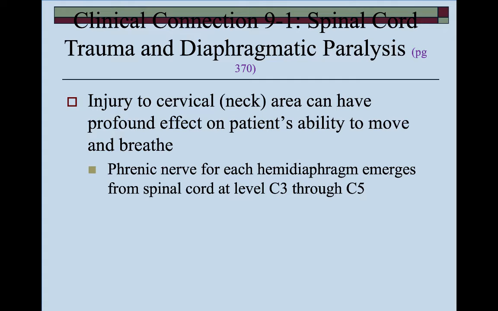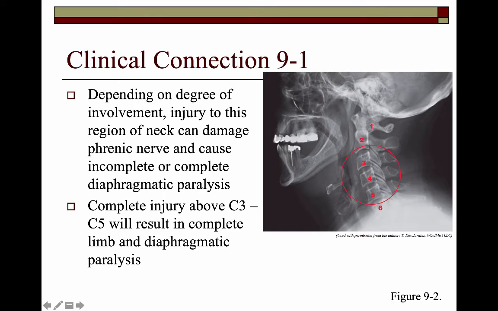And the phrenic nerve for each hemidiaphragm, remember that the diaphragm, even though it's one muscle, is really split in half. So the nerve for each hemidiaphragm emerges from the spinal cord at level C3 through C5. Depending on the degree of involvement, injury to this region of the neck can damage the phrenic nerve and cause incomplete or complete diaphragmatic paralysis.